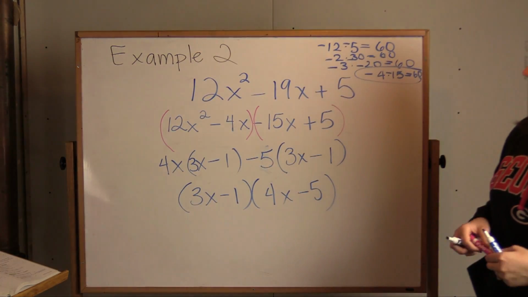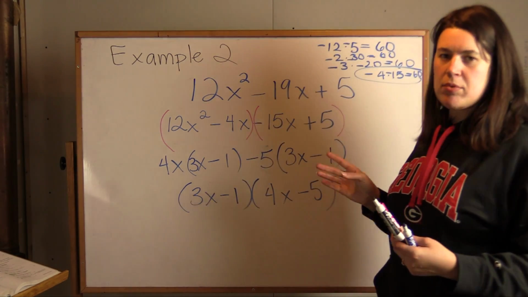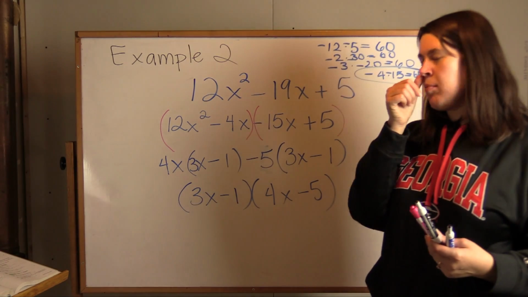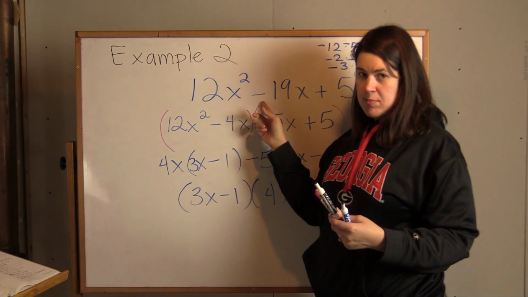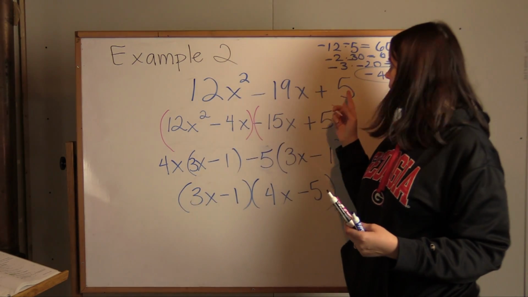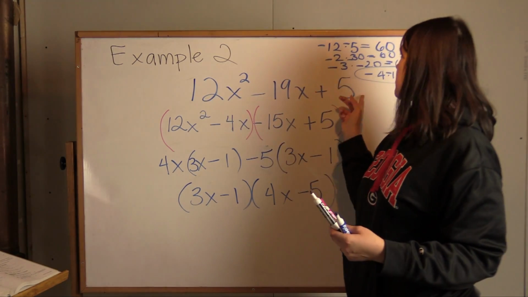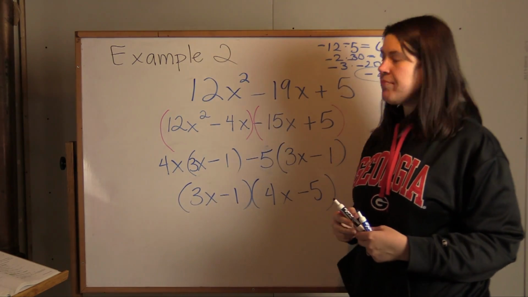Okay, so going over this problem, I went through several factors of 60 until I was able to reach 2 that added up to negative 19. So remember, this tells me they're the same signs. This tells me which same signs. So I'm looking for 2 negative factors that multiply to equal 60, but add to equal negative 19.